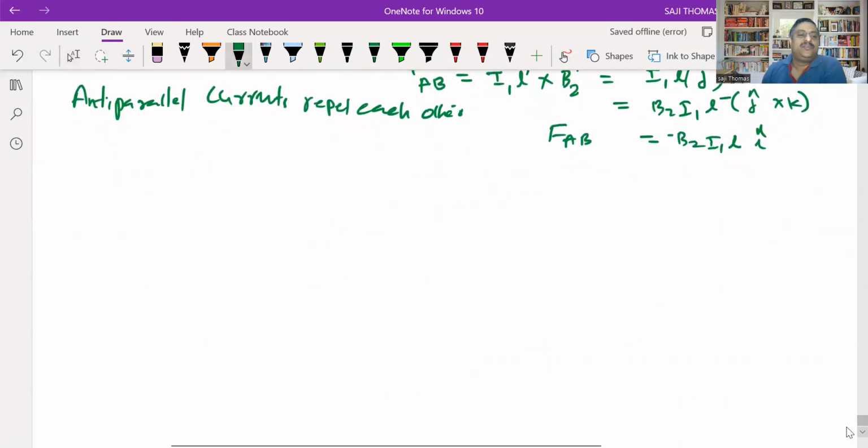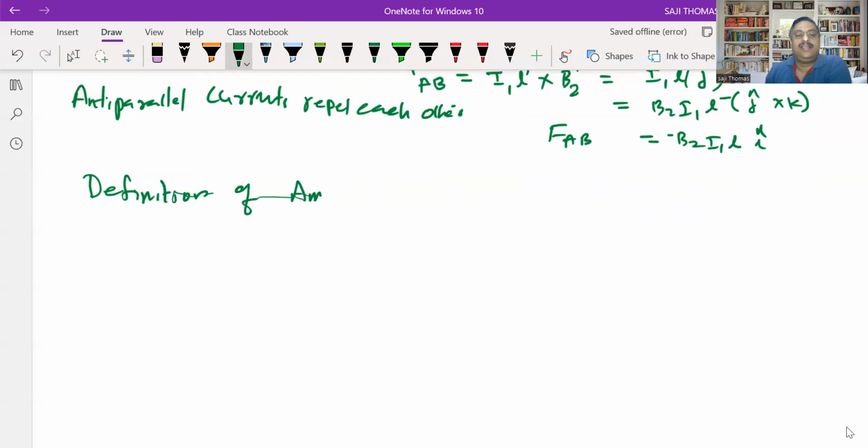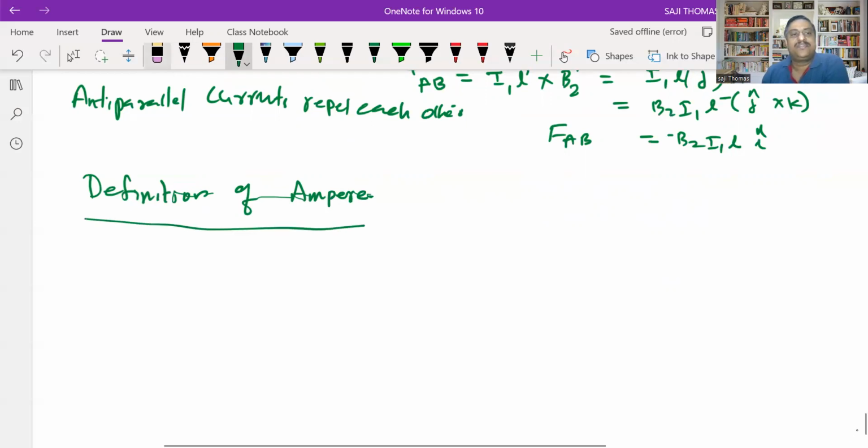Using this equation, we can define Ampere. Definition of Ampere.